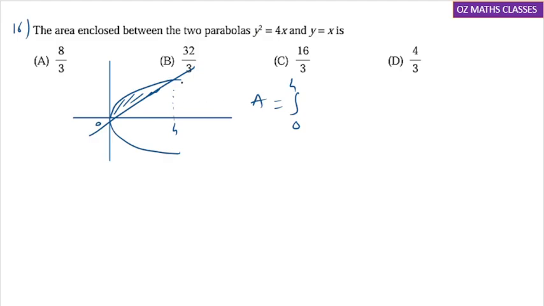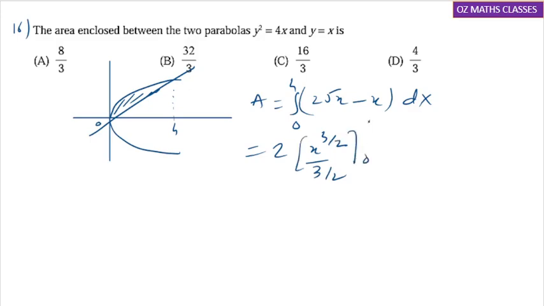And in the upper curve, the y value is 2 root x, and the lower curve y will be x, dx. So integrate this: 4 times x power 3 by 2 upon 3 by 2, minus x square by 2, from 0 to 4.